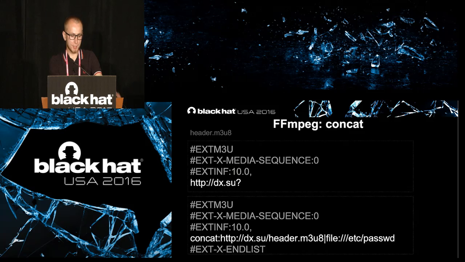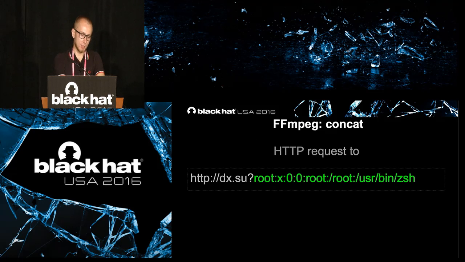And after concatenation, we will get gx.su and the first line of the /etc/passwd file in the query string. So we are now able to read the first line of any local file on the server.